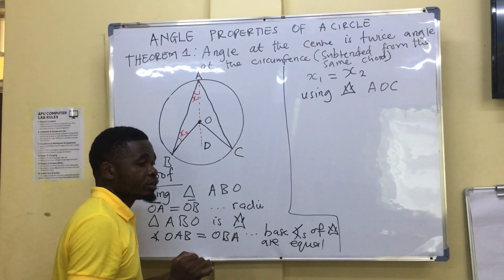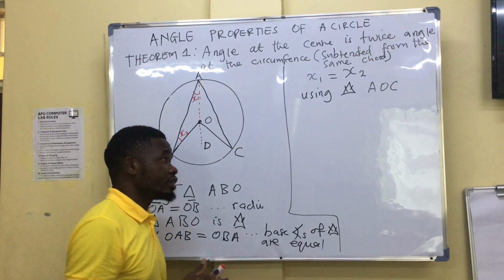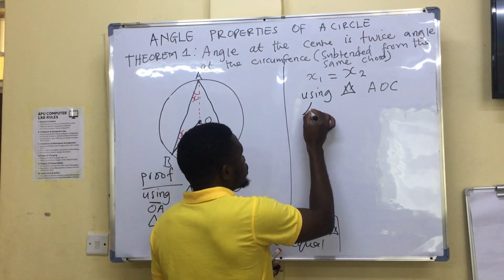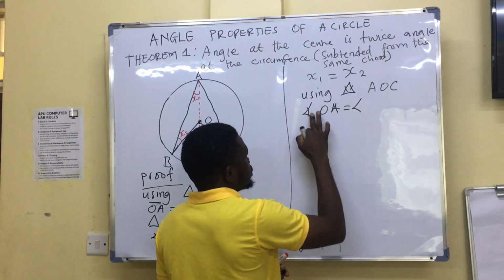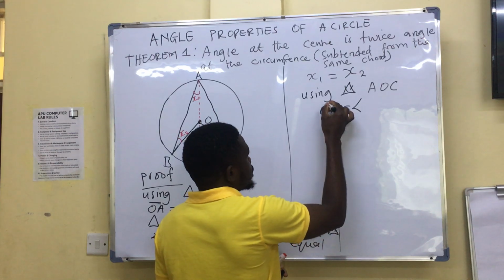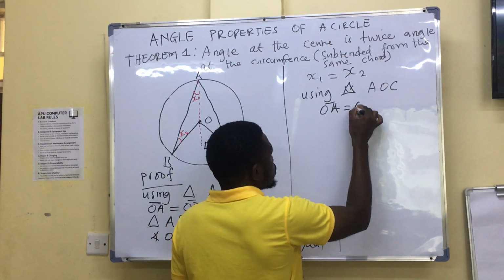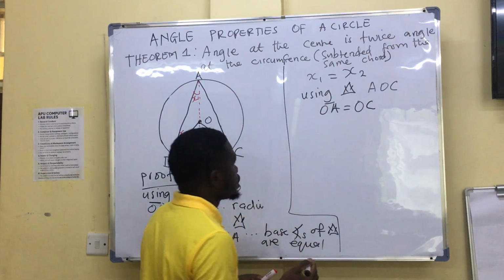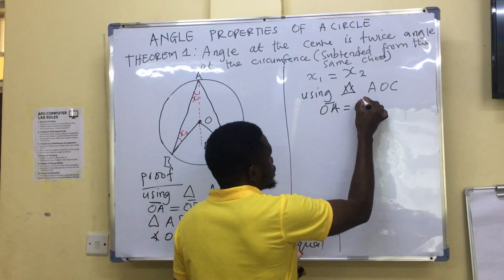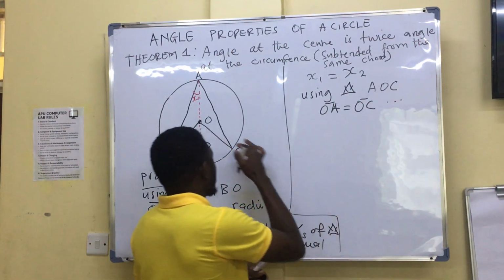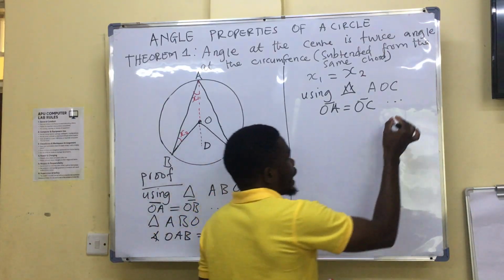Why? OC is a radius and this one is a radius. They are equal, they have the same length. So let's write: line OA is equal to line OC. The reason is that OC is a radius, OA is a radius as well, so it will be radii.